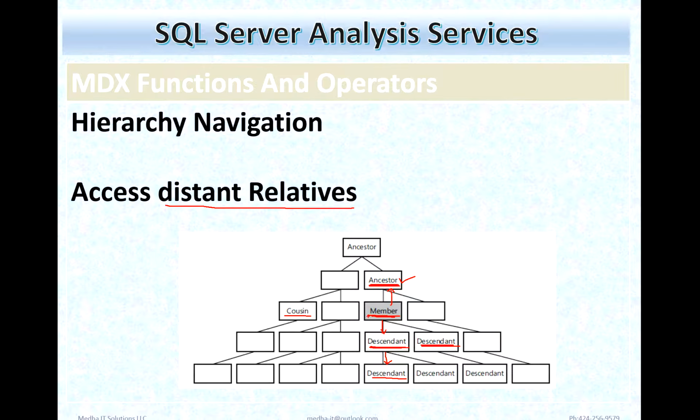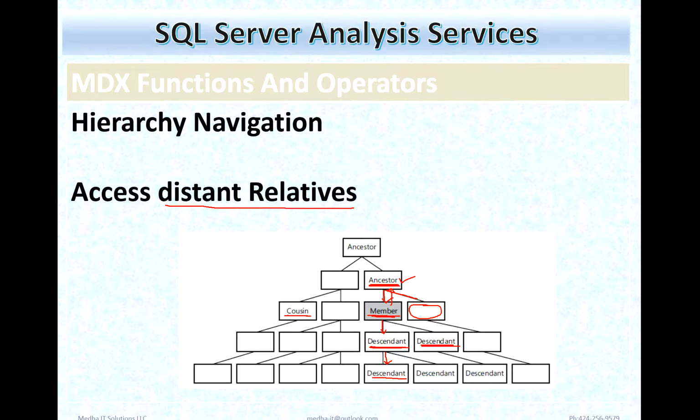And then there is something called cousin. Cousin is basically a parent's sibling's child. Whereas the member here is a sibling, right, because that member is the child of the same parent. That is why we were calling it a sibling.